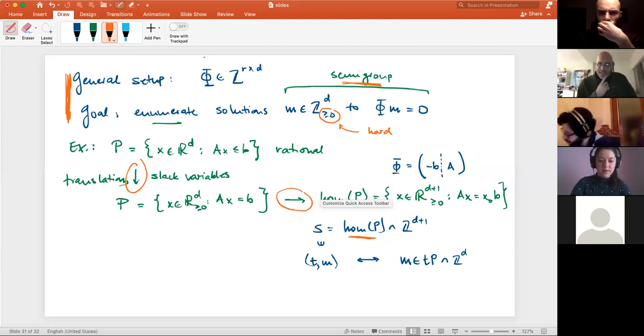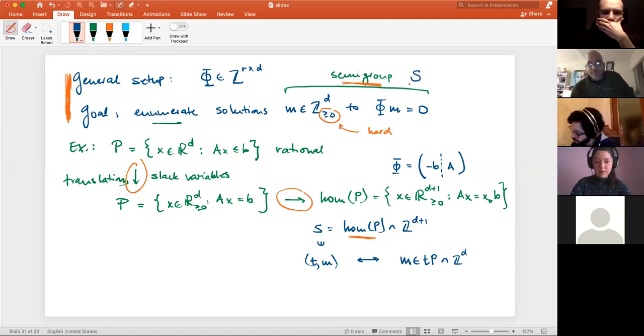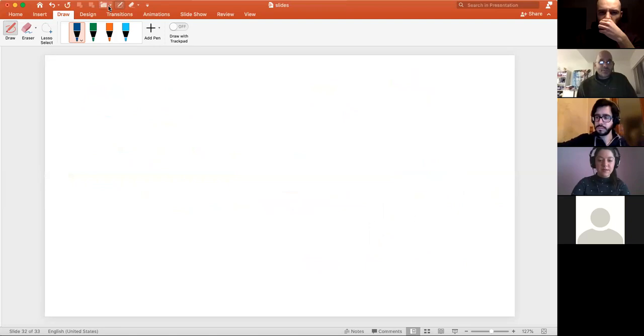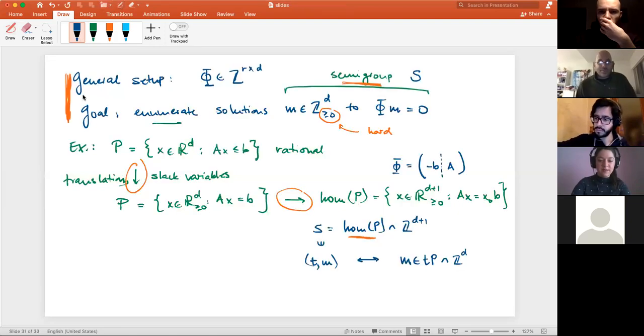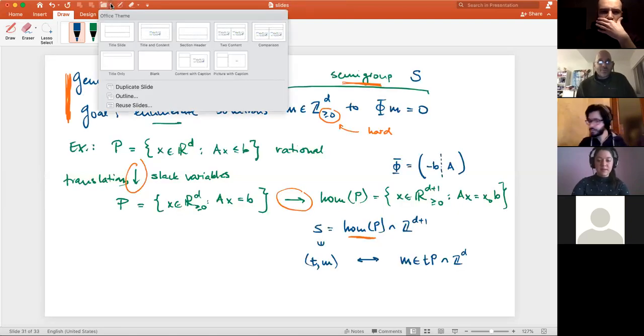So okay, let's give the semigroup a name. Okay, so S. S now means this setup, and so maybe let me keep the setup up on top.